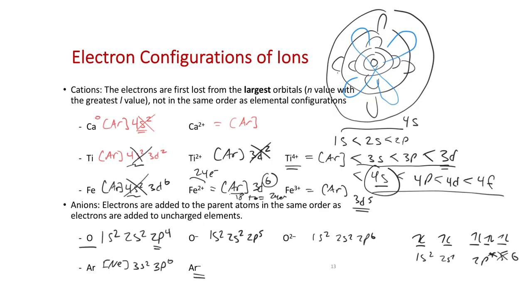So argon's configuration would be neon, 3s2, 3p6, and then into the 4s1, just filling into the next subshell, like potassium or calcium's configuration. And that configuration is going to be a lot higher in energy. It's going to take a lot of energy to put an electron into a higher energy subshell.